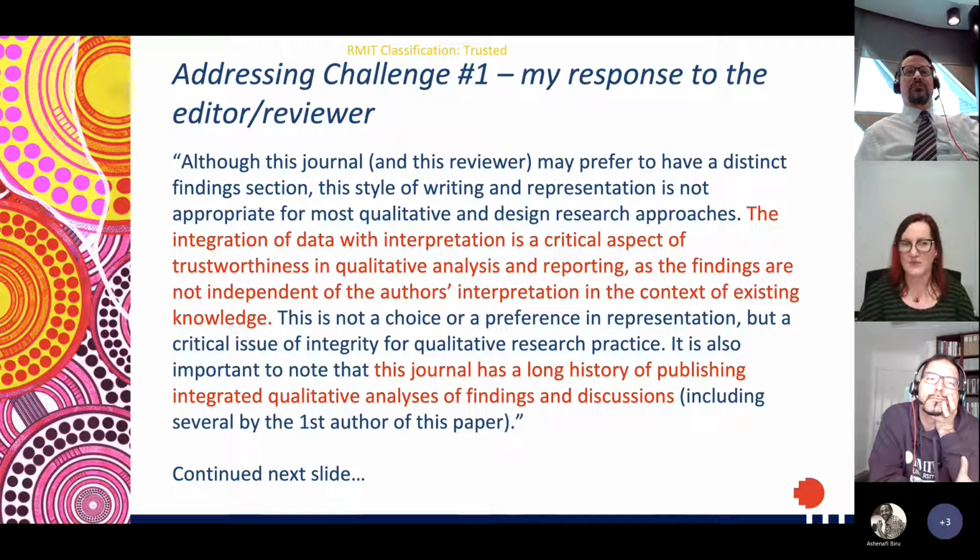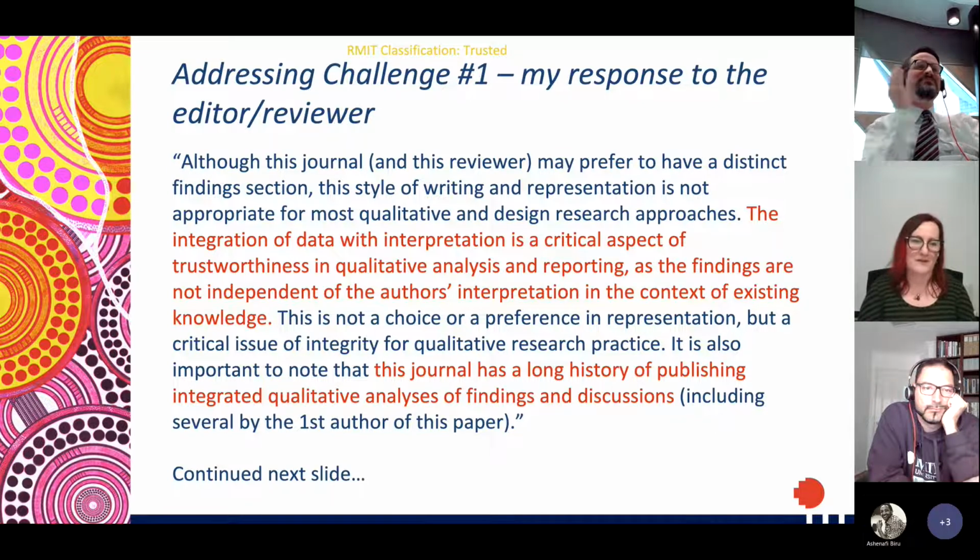But in this case, I also knew that the editor of the journal was a quantitative researcher who actually preferred things to be separated. So every time I submit to this journal, this editor asks me to separate. And every time I come back and I say, no, thank you, I will not do so. It's an interesting dance that we've been doing, but that's okay. So what I've said here is just that this is not what we do.